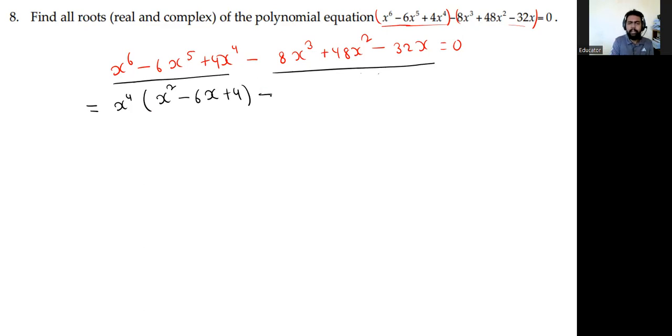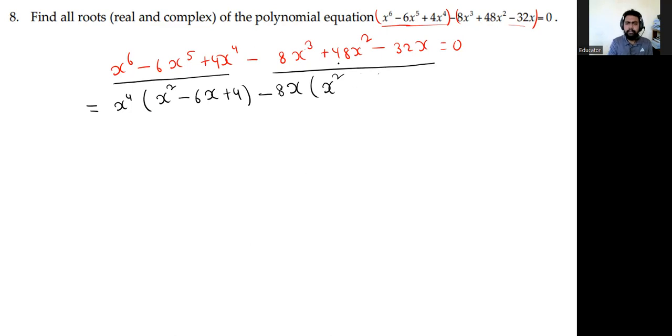So negative I'm going to take. I'm also going to take 8 as common, and x is common in all of them, so I'm going to take that x as common. If I have taken that common, what am I left with? 8 has been taken out, negative has been taken out, so positive would be left over there. Out of x^3, we have taken out x, so I'm left with x^2 again.